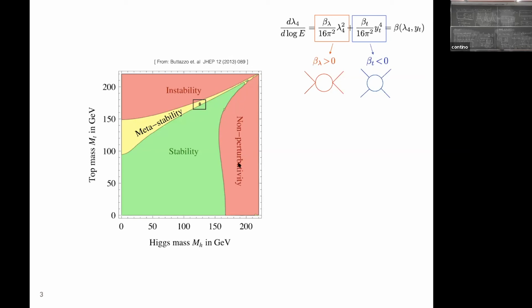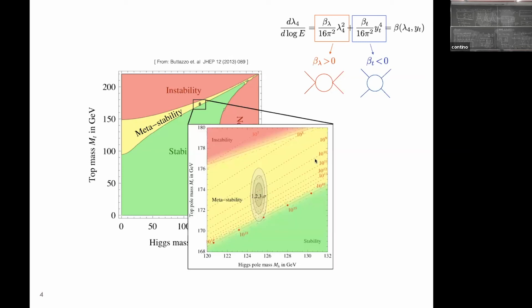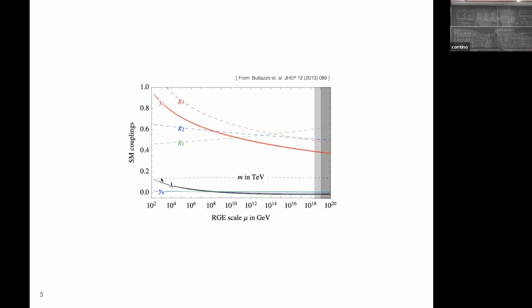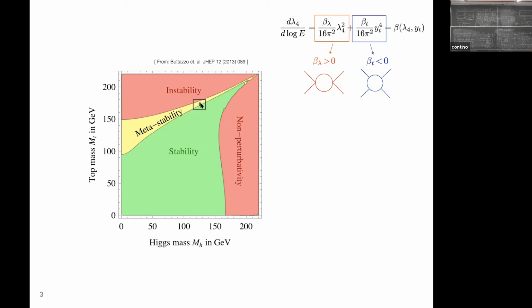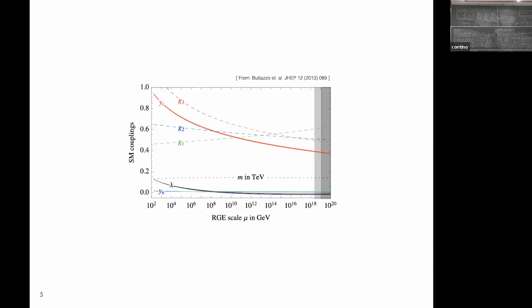So in other words, if you run the coupling, since we are living well inside, far from this red region, it's clear that the quartic coupling of the Higgs will explode at a scale which is much above the Planck mass. Okay, so in fact, the quartic coupling, which is this curve, is the RG evolution as a function of the renormalization scale.